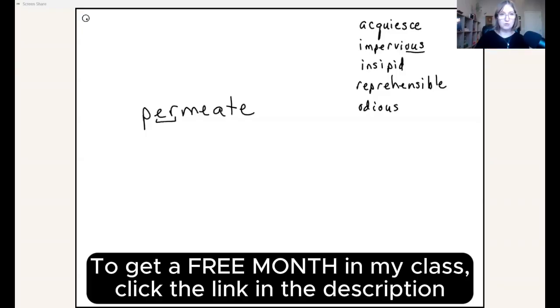It will make its R-controlled sound if the next letter is an R. Here it's making its long sound because of the tap 2 rule. There's another vowel in the next 1 or 2 spots. This is also going to make its long sound because of the tap 2 rule. There's another vowel in the next 1 or 2 spots. And then E at the end is usually silent. Okay, try reading this word.